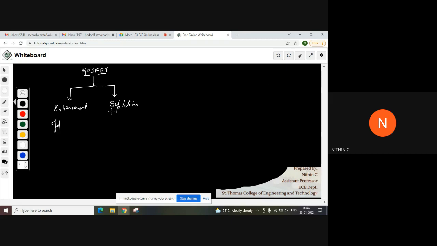That is, there will not be any. I will just draw the structure. I have already drawn this yesterday. This structure, you need to draw this several times in your notebook.